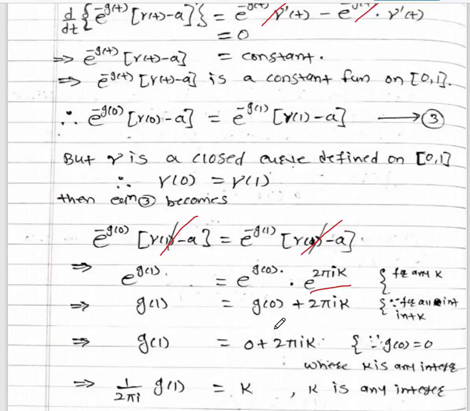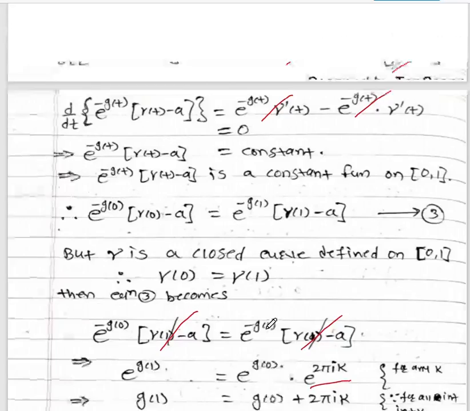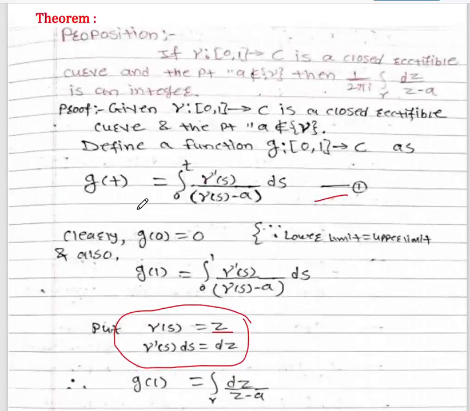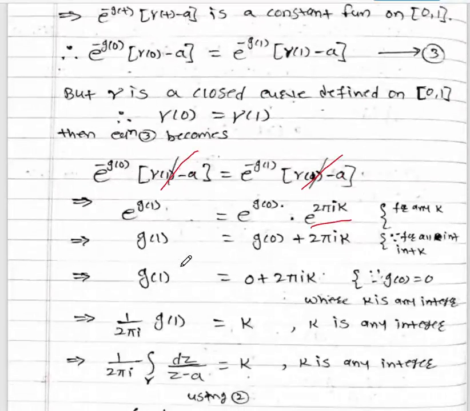Okay, but we know that g of 0 is 0 from equation number 1. So put g of 0 is 0, so g of 1 equals 2 pi i k.